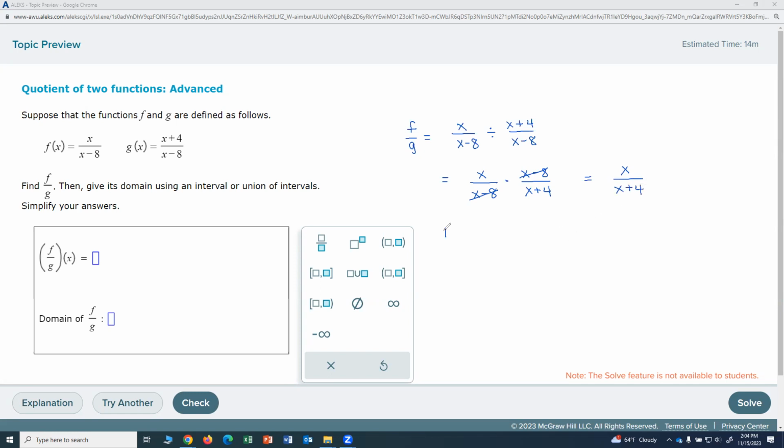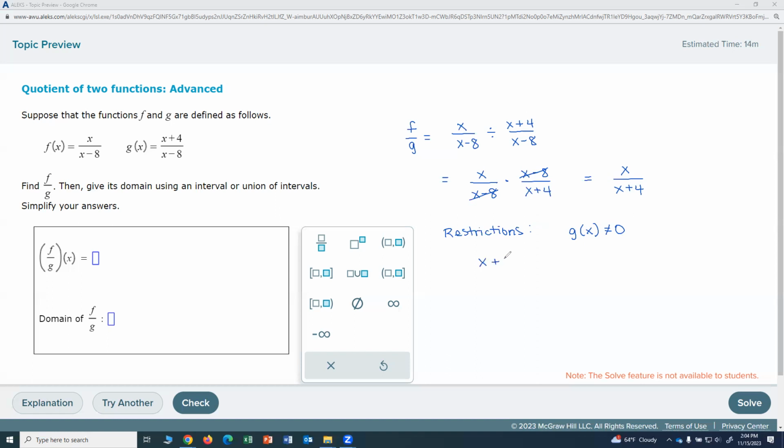Now the restrictions are that we cannot divide by 0, and also your original g of x cannot equal 0. Both f of x and g of x have to be defined, and the denominator of your result cannot be 0. So that will actually be covered with g of x not equal to 0.